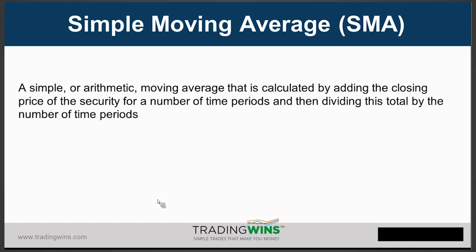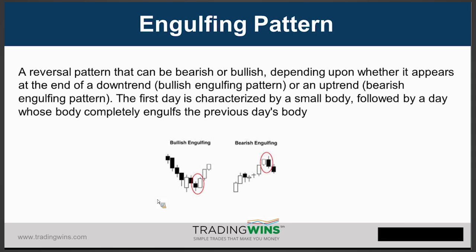Simple moving average is calculated by adding the closing price of the security for a number of time periods and then dividing this total by the number of time periods, just a straight average. And the engulfing pattern is a reversal pattern, and it can be bearish or bullish depending on whether it appears at the end of a downtrend, which is a bullish engulfing pattern, or at the end of an uptrend, which is a bearish engulfing pattern.